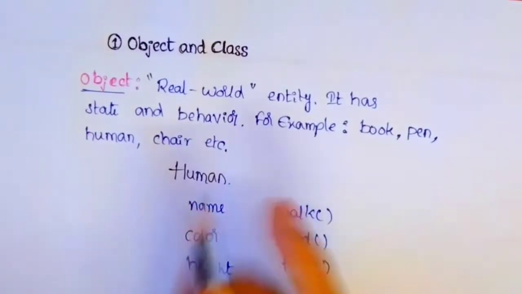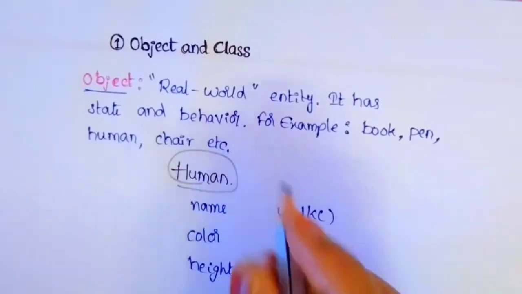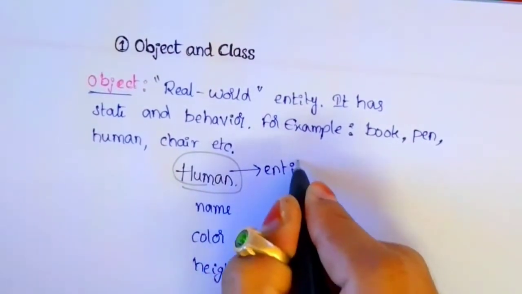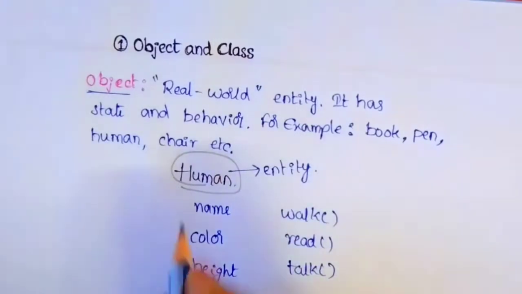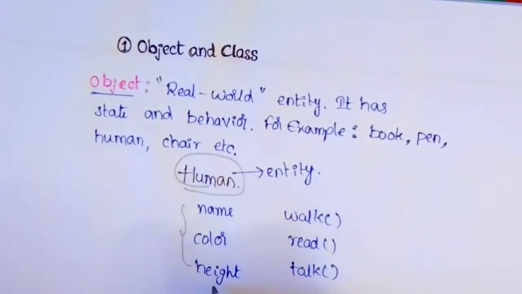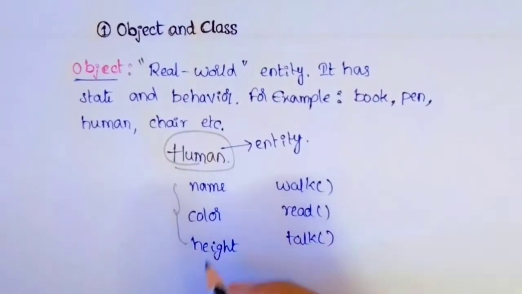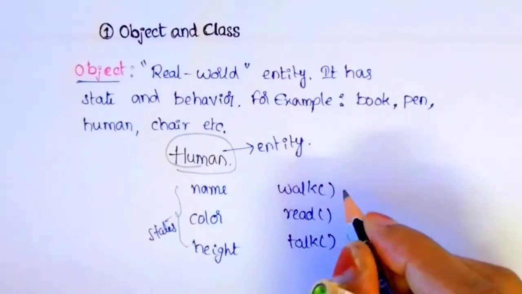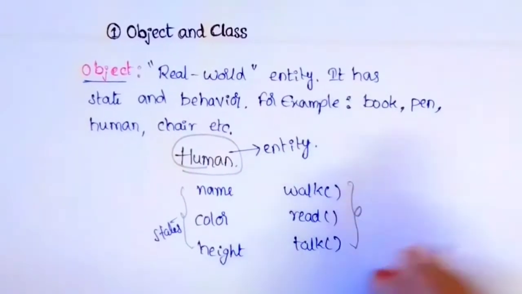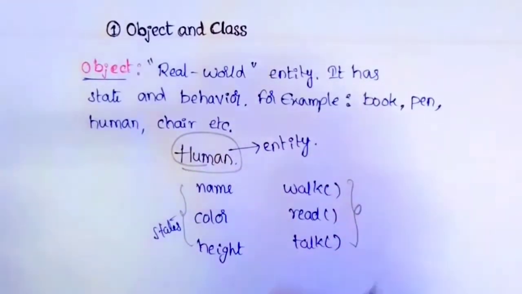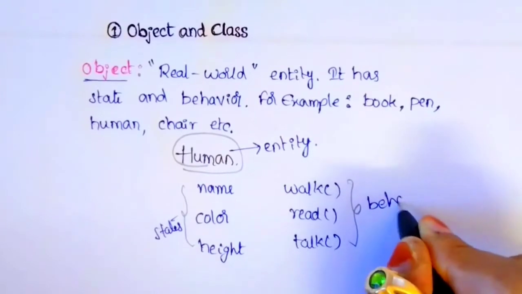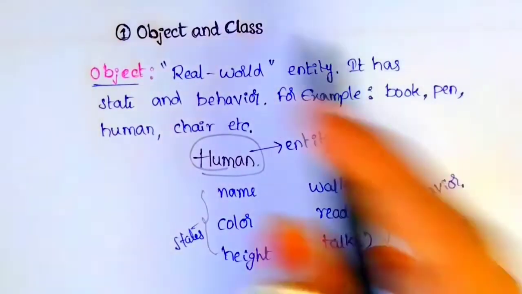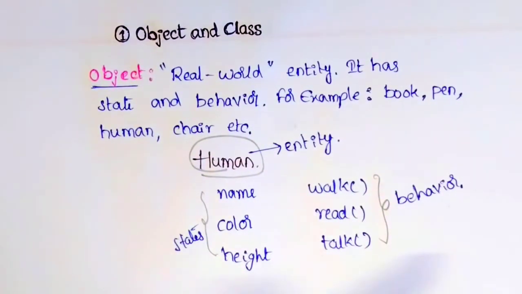So here human is the entity; name, color, height are states. And the tasks performed by the human are behavior. So this is about object.